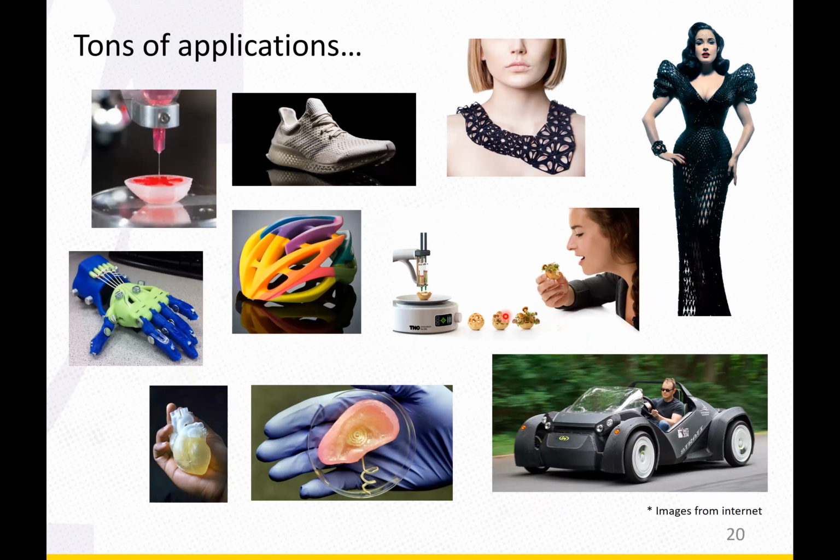But some of them are quite practical, like the helmet and the customized shoes. There are some products already, like Nike and Adidas. They are teaming up with some additive manufacturing companies and working on customized sports gear.